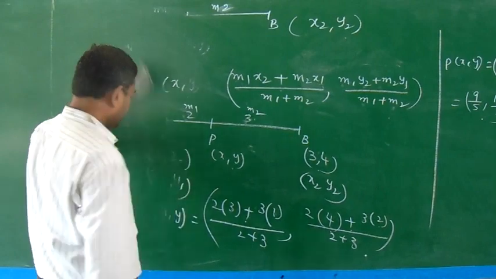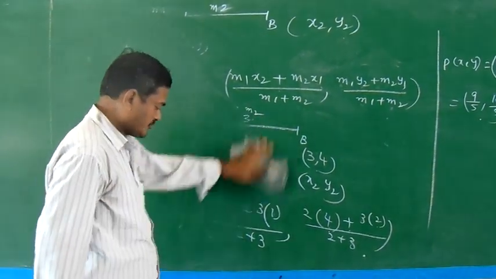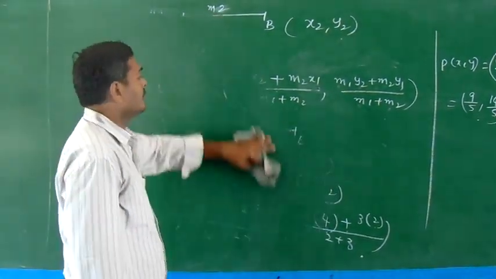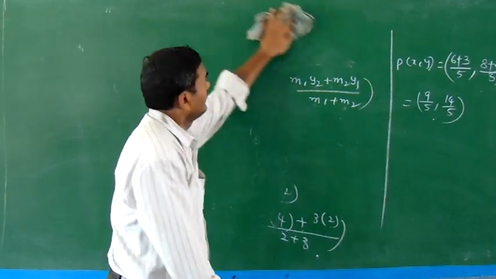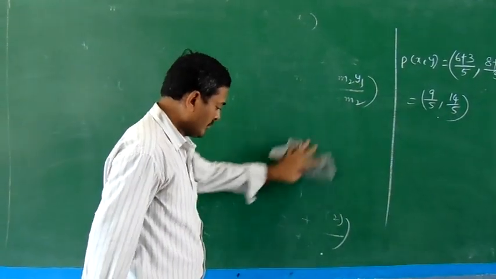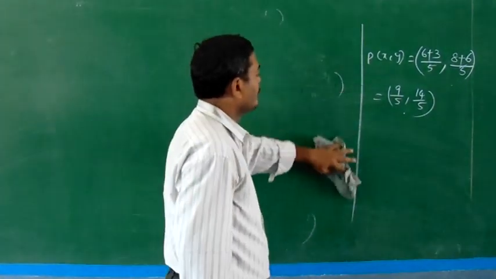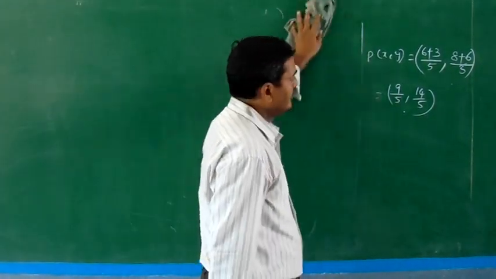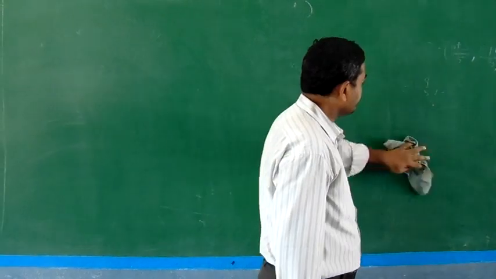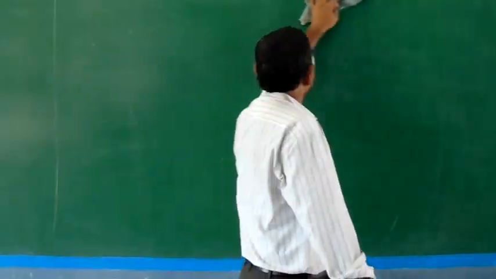What is the section formula? m1 x2 plus m2 x1 by m1 plus m2. Now the y coordinate is m1 y2 plus m2 y1 by m1 plus m2.